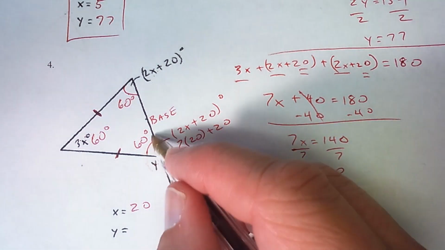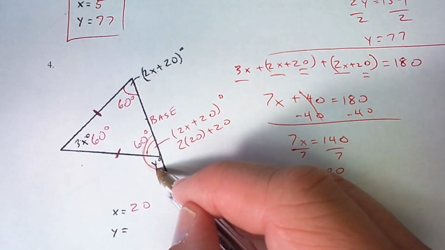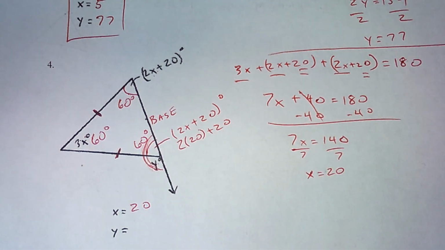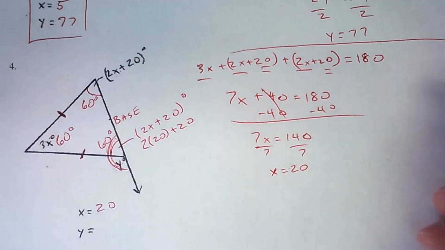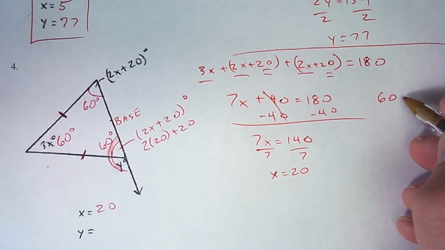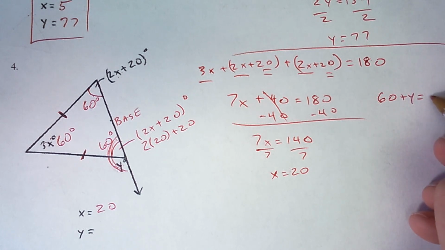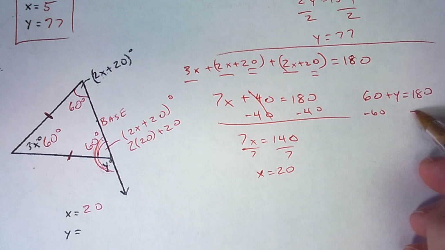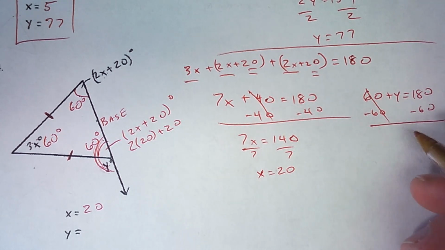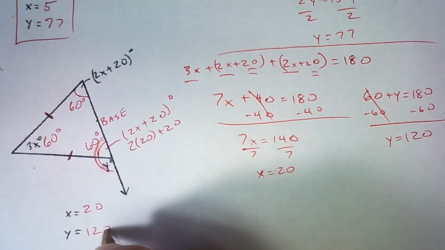And now I have here an exterior angle, and an interior and exterior angle are a linear pair. We learned that in our last lesson. So they add up to 180. So 60 plus y is 180. And then I can subtract 60 and I get y is 120.